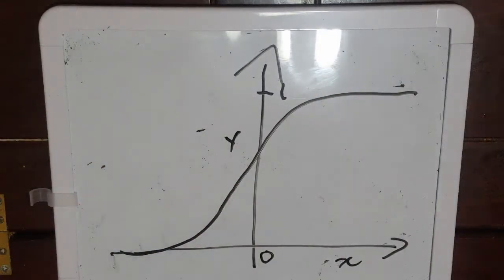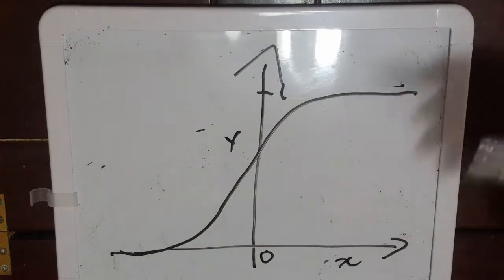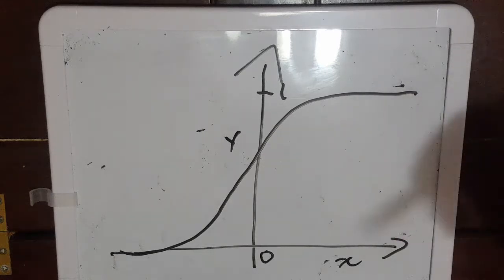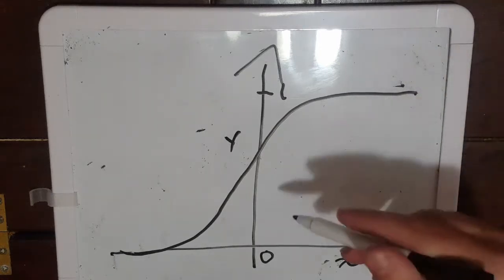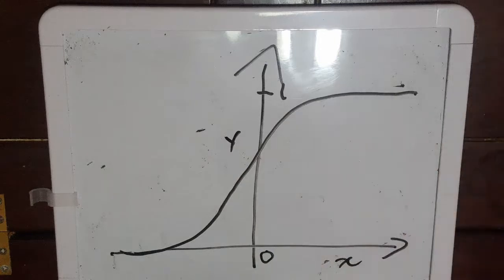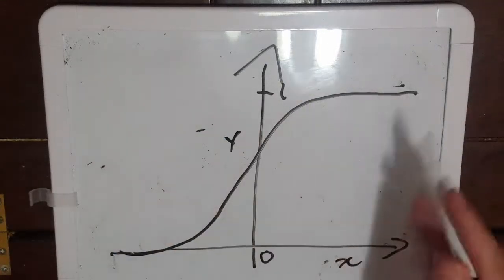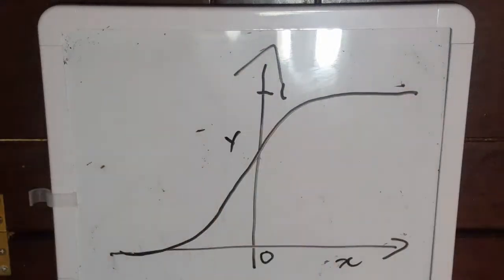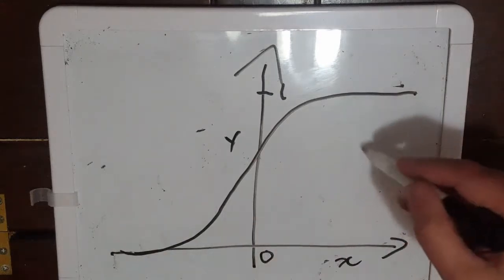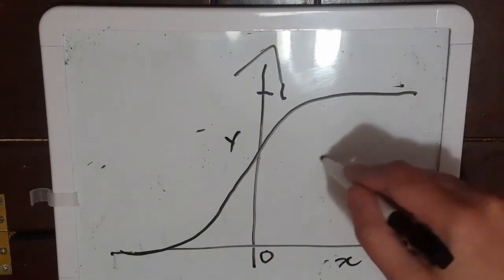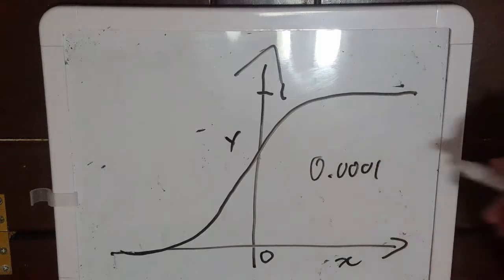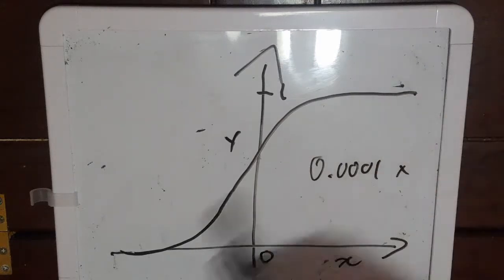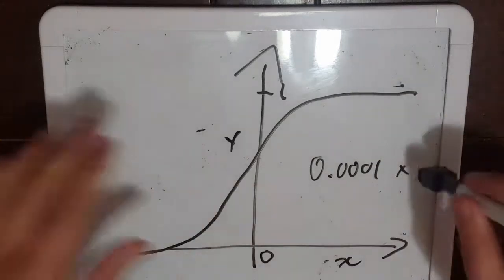So what would go wrong if we have a gradient at 0? Well, remember when we use the chain rule in backpropagation, we multiply all the previous gradients with all the gradients going backwards. So if we have one gradient that's like 0.001 and we multiply it by any number, we're going to be shrinking that number.